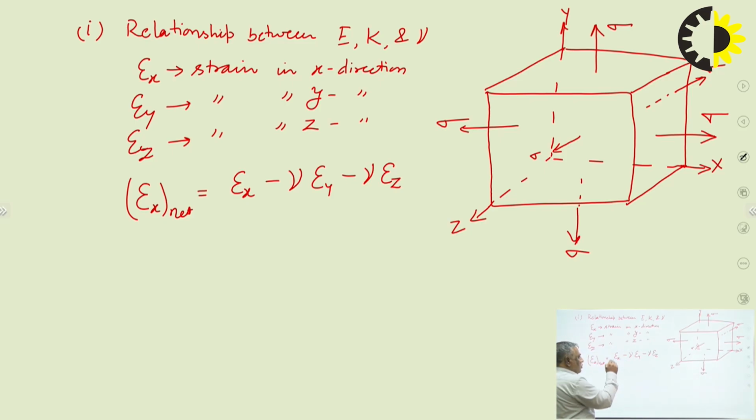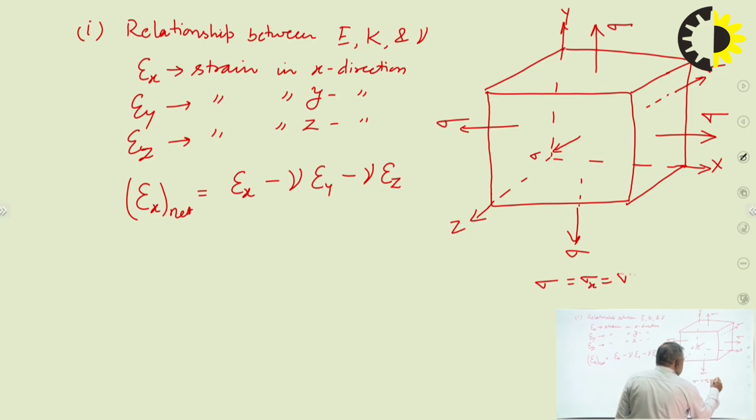In the case of a hydrostatic state of stress, sigma x, sigma y, sigma z are equal in magnitude: sigma is equal to sigma x is equal to sigma y is equal to sigma z. Modulus of elasticity is a property of the material.